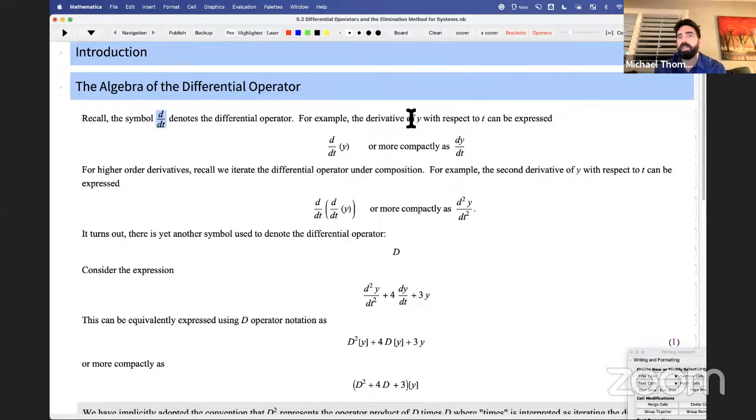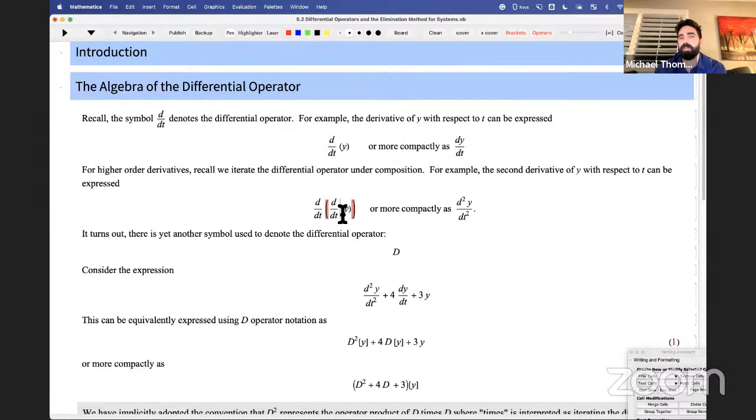For example, if we have a function y that's a function of t, we can differentiate it, and you can write it more compactly that way. So these two things mean the exact same thing. Also, if you want to do higher order derivatives, all you have to do is apply the operator iteratively, or under composition.